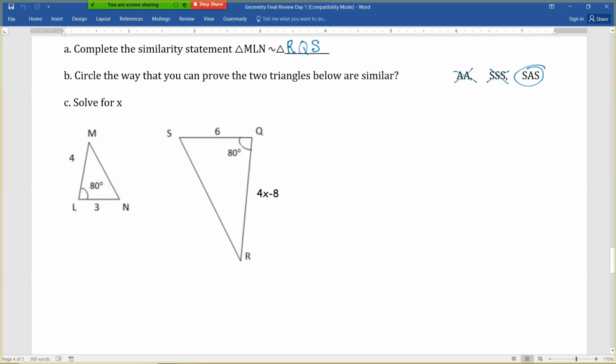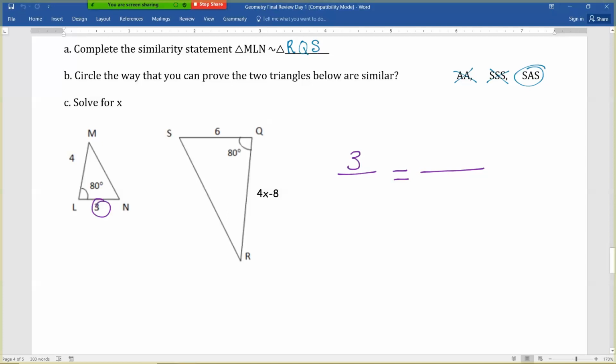Part C, we're asked to solve for x. Really, that's a fancy way of saying, create a proportion like you did on the last question. So I'm going to start with the shortest side on the left triangle. Shortest side on the left triangle is 3.